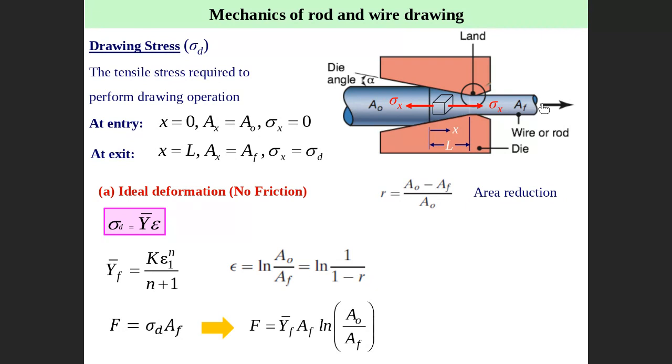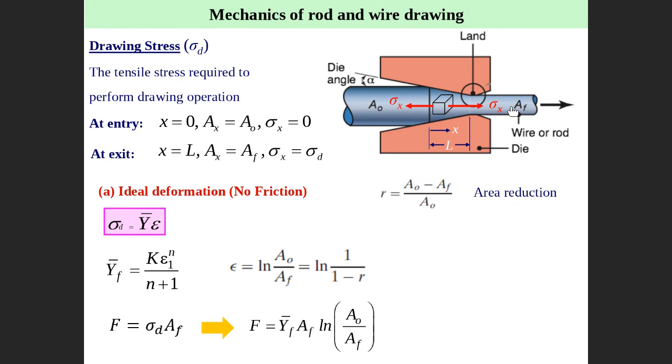If you have steps, you apply to get a certain value and then you apply again, so the strain is variable. In case of variable strain, you have to use Y flow. But in case of fixed strain, you have to use Y bar. Here strain is fixed, because you start with a certain diameter and end with a certain diameter.